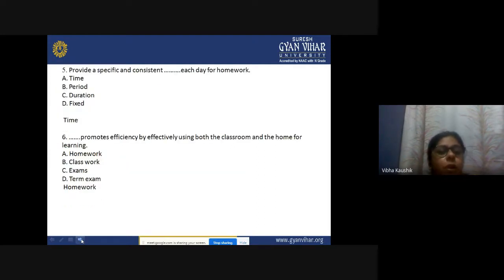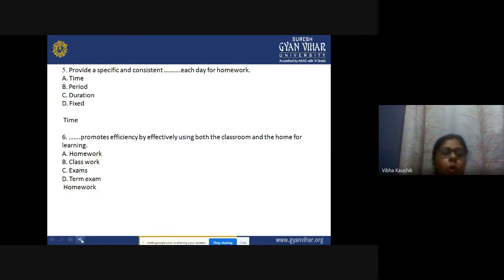Now, the fifth one, provide a specific and consistent dash each day for homework. What should be specific and consistent? Now, the options are A time, B period, C duration, or D fixed.